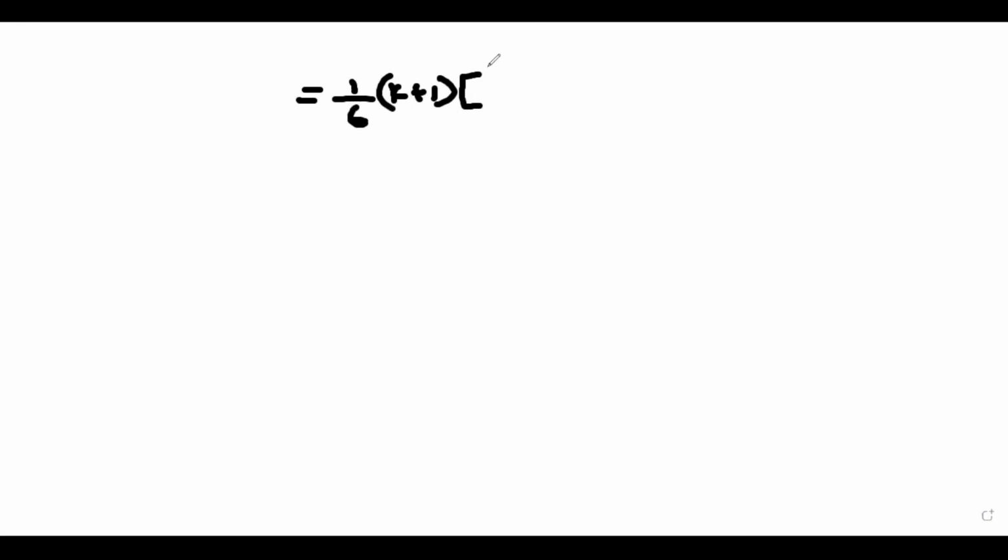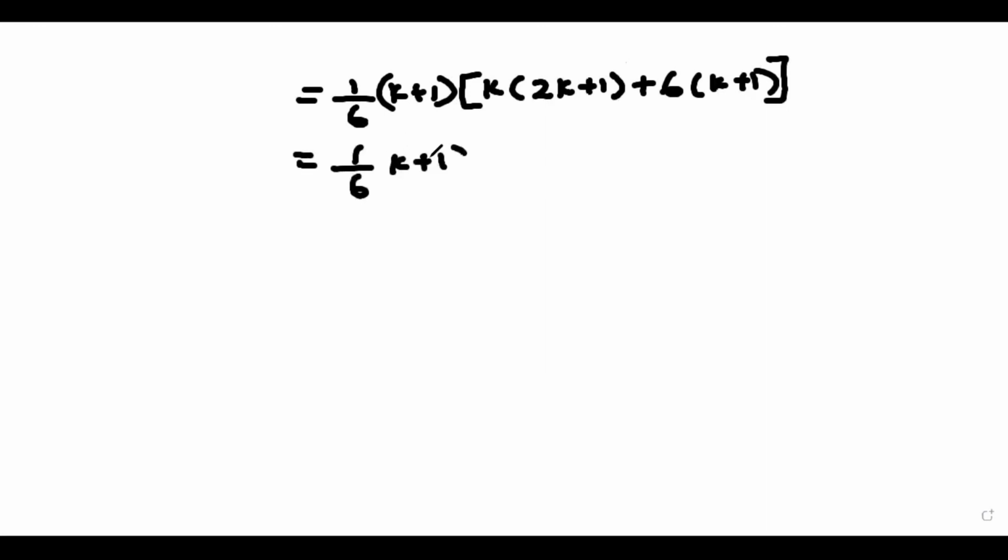Then we'd have k times 2k plus 1 plus 6 times k plus 1. So if we simplify what's in the bracket, we get 2k squared plus k plus 6k plus 6.